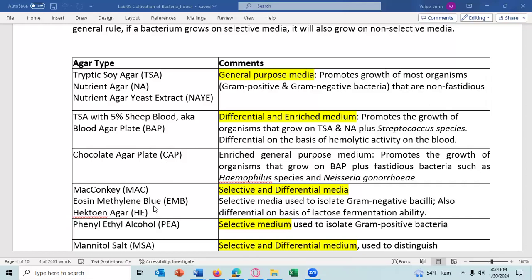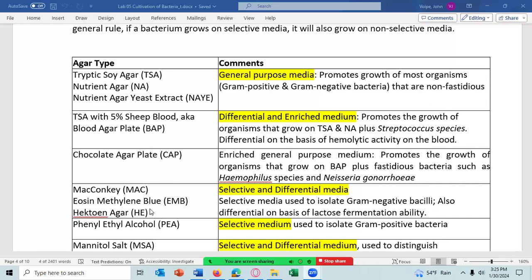They are also differential on their ability to ferment the sugar lactose. You can see by the color whether the bacteria ferment the sugar lactose or whether they're a non-fermenter, cannot ferment the sugar lactose.